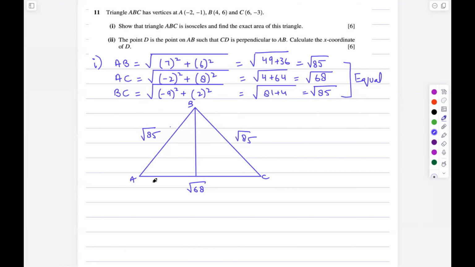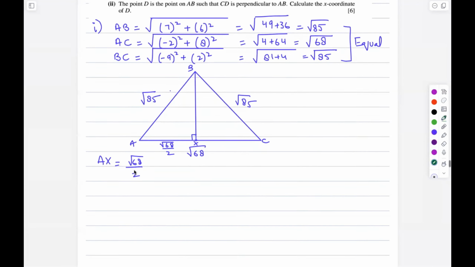To find the area of this triangle, we can divide it into two equal parts. So half of this length, let's call this point X. So AX will be equal to the square root of 68 upon 2. As this will become a right angle, to find the area of half of the triangle, we have to find the length of BX.